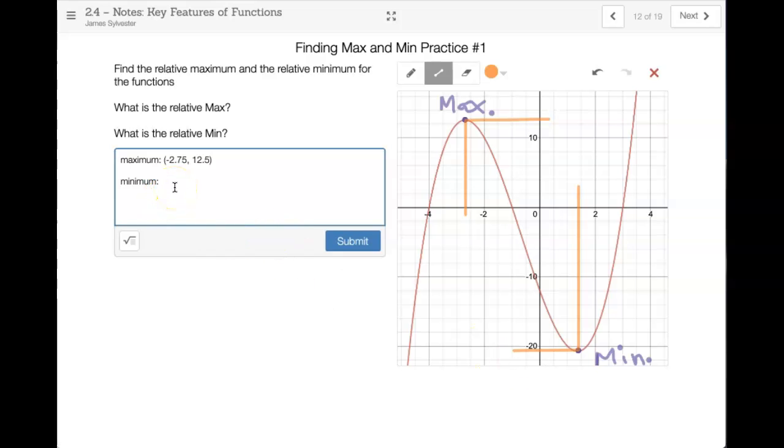So I'm going to just call that 1.5 over here. And then here, negative 20. You could call it negative 21, but it looks like a little bit higher than that. But if you're within range here, if you're close, these kind of make sense to be close because we do have to estimate a little bit.